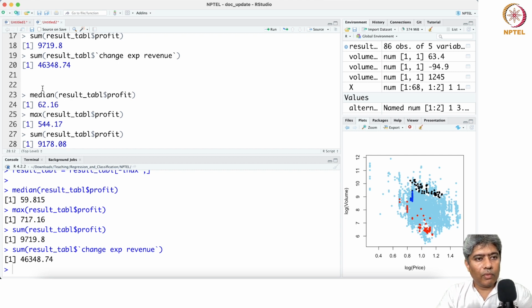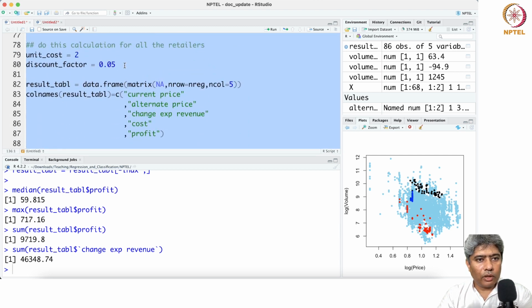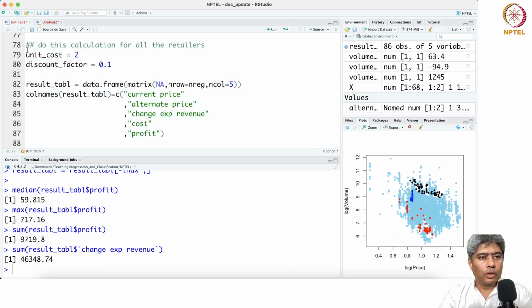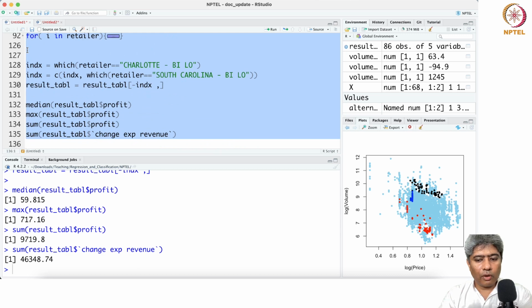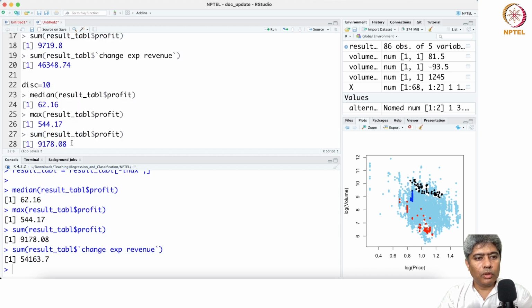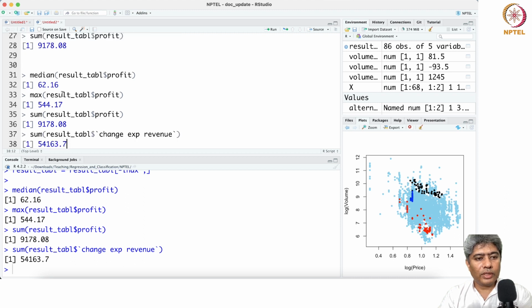And then when I give 10% discount, revenue I expect will go up further, but profit may not go up. So the median profit again goes up, but total profit goes down, but the revenue goes up quite significantly. Discount is 10%.